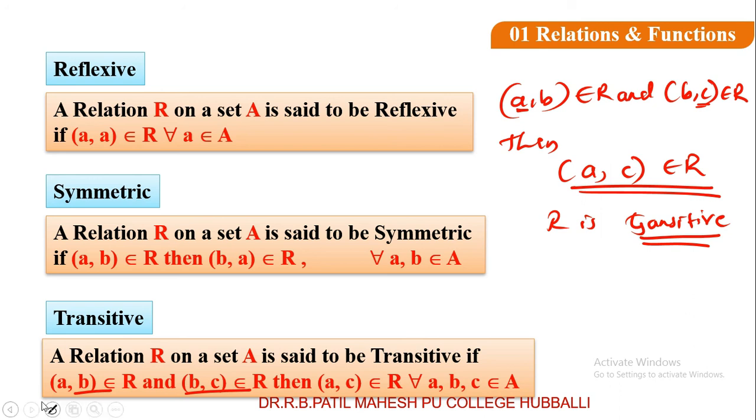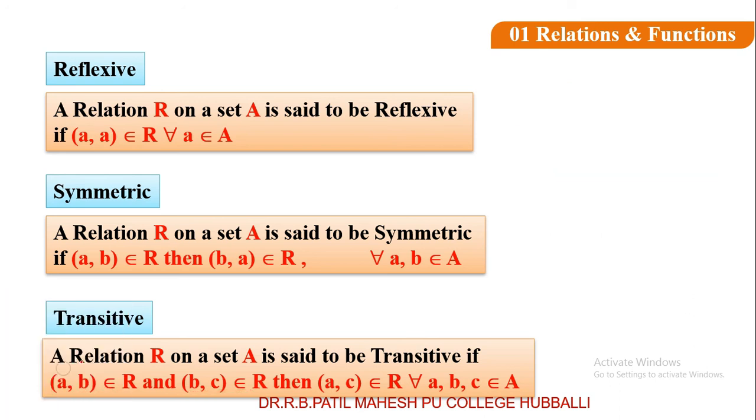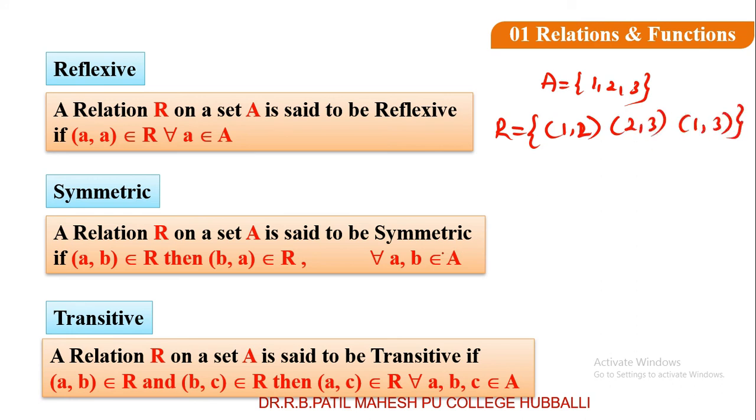Let me take one example to understand better. Set A is equal to {1, 2, 3}. And the relation on this set I am going to form my own relation. Say (1, 2), (2, 3) and (1, 3). Dear students, check the definition of transitive relation.